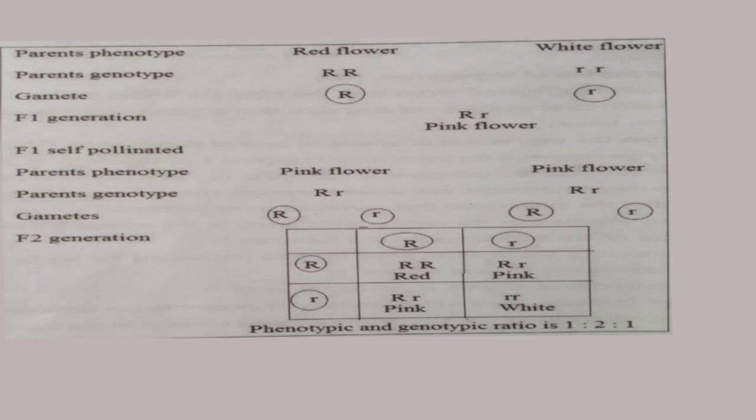In the F2 generation, the phenotypic and genotypic ratio is 1:2:1. So in incomplete dominance, both alleles of a character express their character in the F1 generation, so the F1 individual has an intermediate character between the parents.